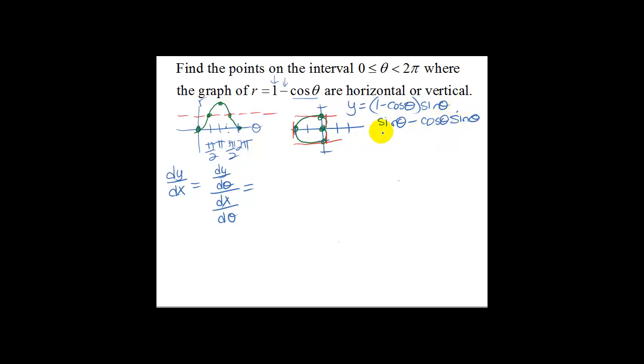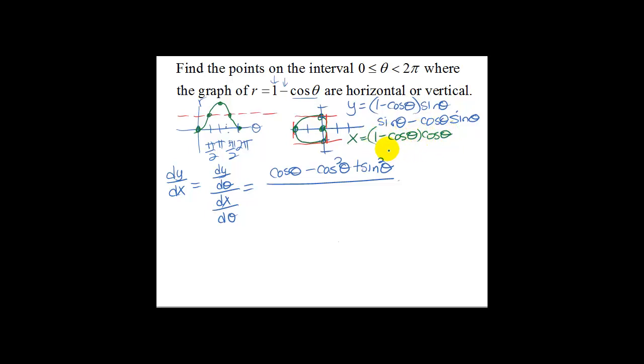So for the numerator, we need the derivative of this. That's going to be cosine theta, and then minus first times the derivative of the second, that's going to be minus cosine squared theta, plus the second, sine theta, times the derivative of the first, so that's going to be plus sine squared theta. And then that's going to be over, if we look at x, which is r, 1 minus cosine theta, times cosine theta.